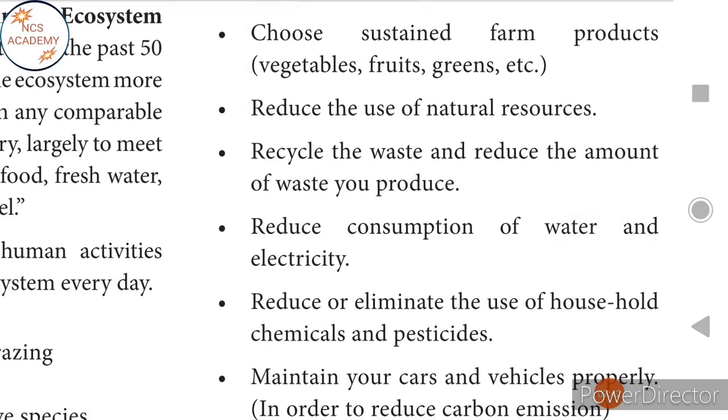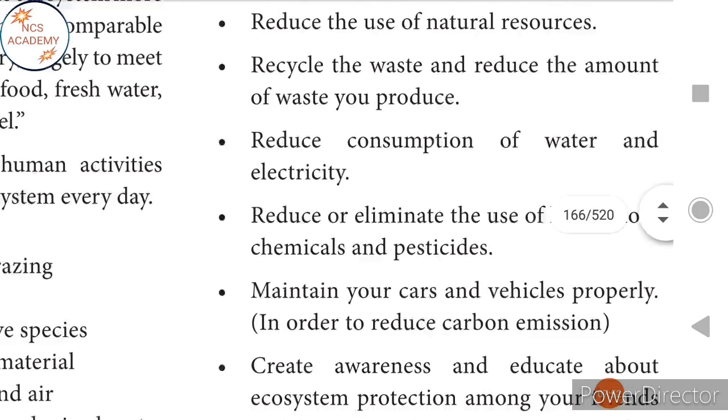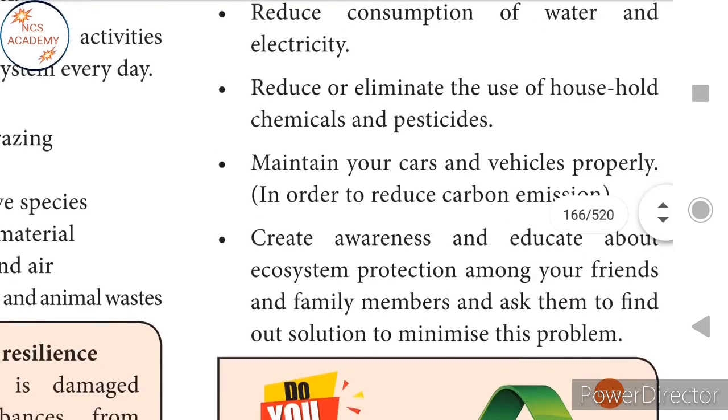Likewise, recycle the waste and reduce the amount of waste you produce. Reduce consumption of water and electricity. Next, reduce or eliminate the use of household chemicals and pesticides. Maintain your car and vehicle properly in order to reduce carbon emission.